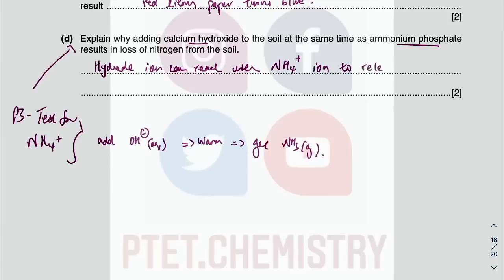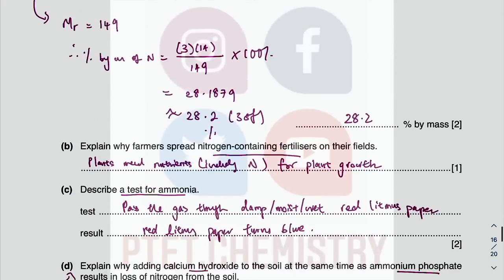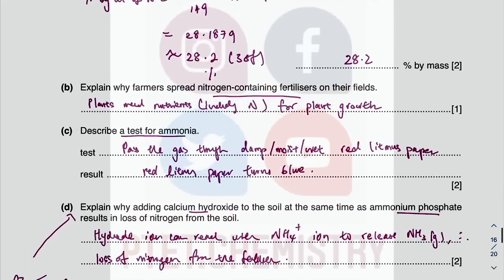To release NH3 gas, therefore loss of nitrogen from the fertilizer, which is what it is intended to be used for, and you don't want that. You want the nitrogen to be in the fertilizer for improved plant growth.